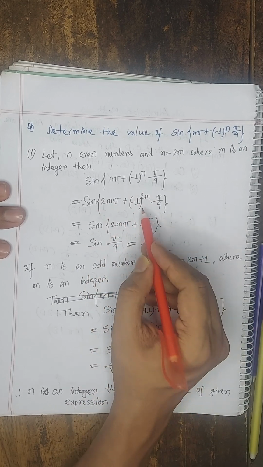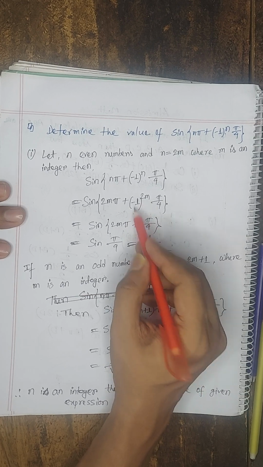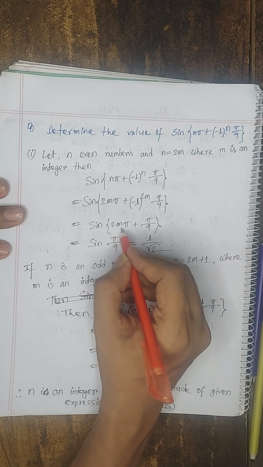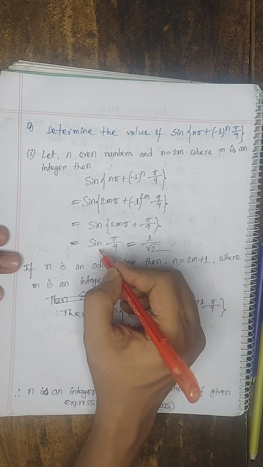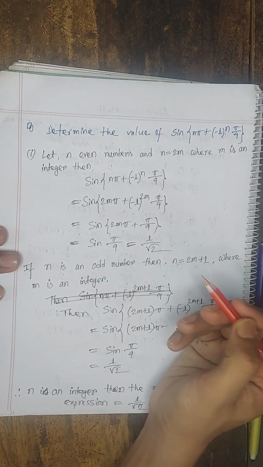And (minus 1) to the power twice m becomes 1. So sin (twice m pi plus pi by 4), we get sin pi by 4 from this expression. So it becomes 1 by root 2.